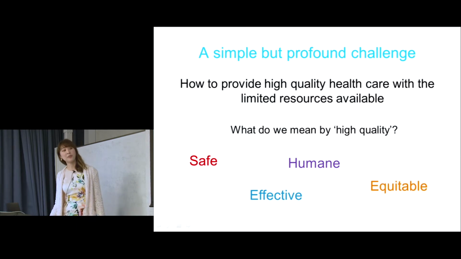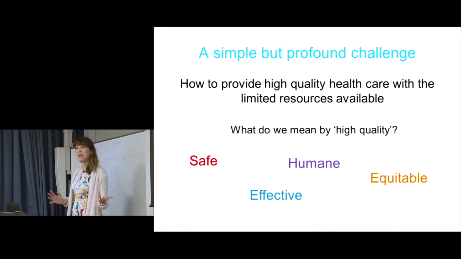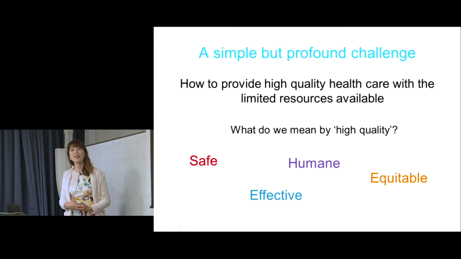And then there's a fourth one, which is equity. And equity is fairness. What do we mean by equity? Essentially, we are hopefully being looked after based on our need for healthcare rather than any other social dimensions like our sex, our gender, our age.